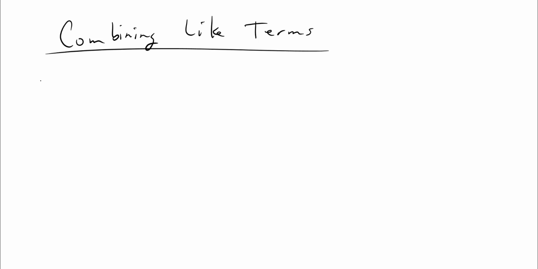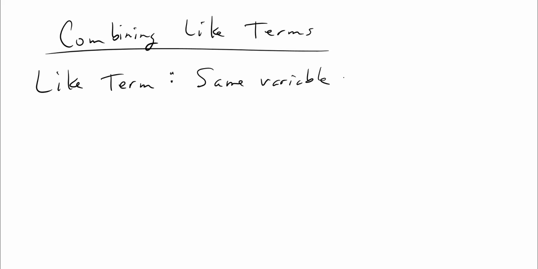First of all, let's talk about what a like term is. A like term is the same variable or variables and the same exponents. Okay? Got to be the same variables and it's got to be the same exponents in order for it to be a like term.